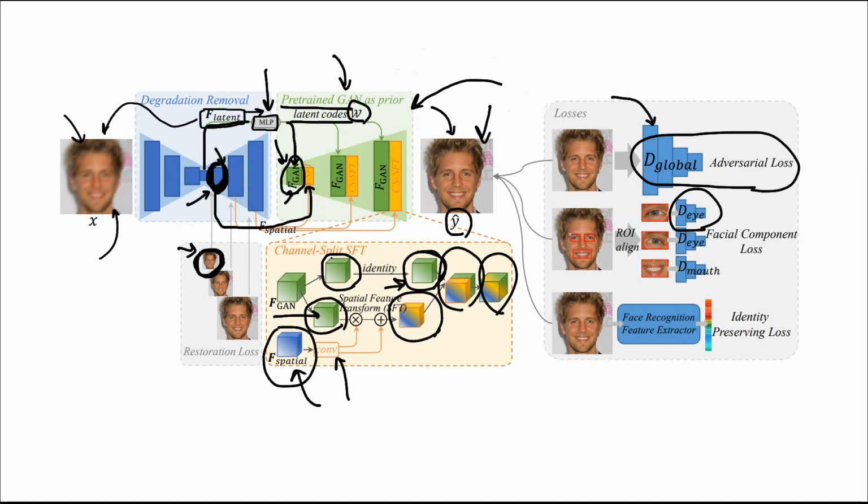Let's say that firstly we will crop this part here from the image. We will pass it through this discriminator here. This discriminator will try to find if this part is generated from StyleGAN, so it is fake, or it is from our dataset, it is real.